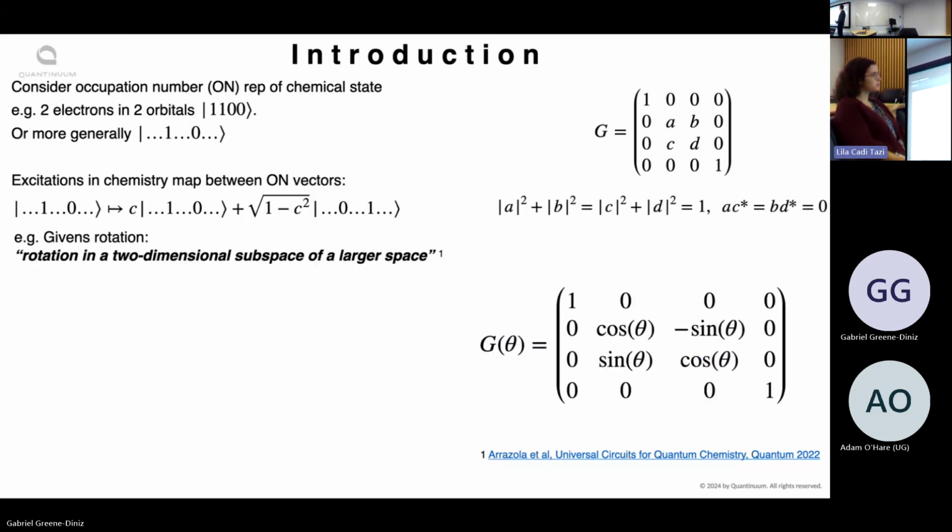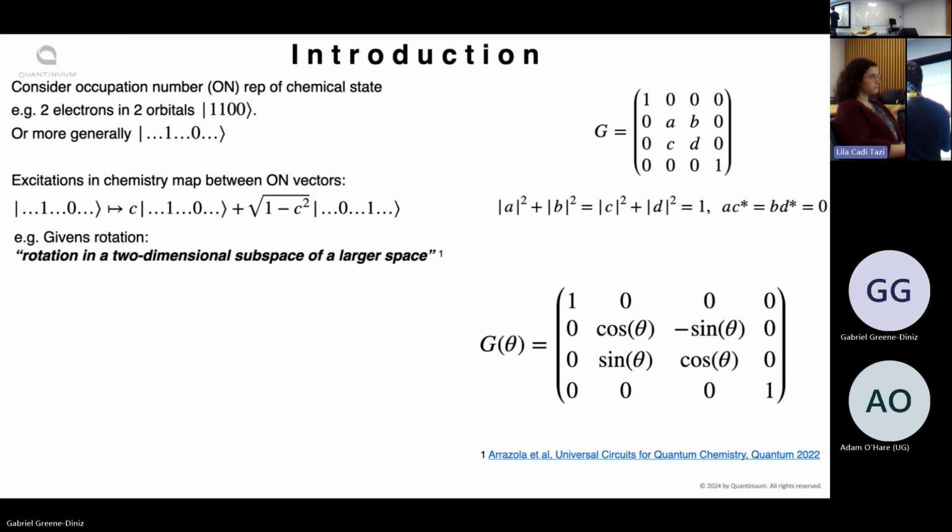You can encode that using unitary matrices like the following, which rotate the initial reference state in a two-dimensional subspace of a Hilbert space.